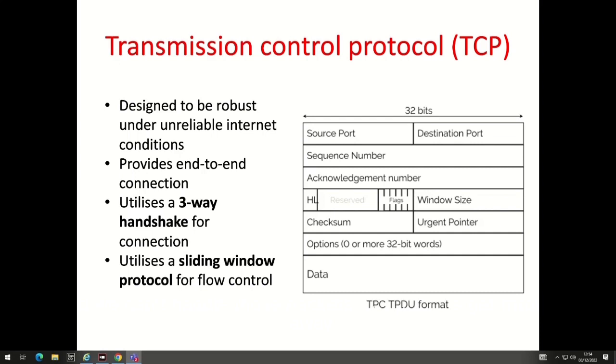TCP implements something called a sliding window protocol to accommodate that a little better. Then we'll talk about something called TCP slow start, and in combination with that we have a threshold, that we mix together. We'll see what we're talking about in a sec.